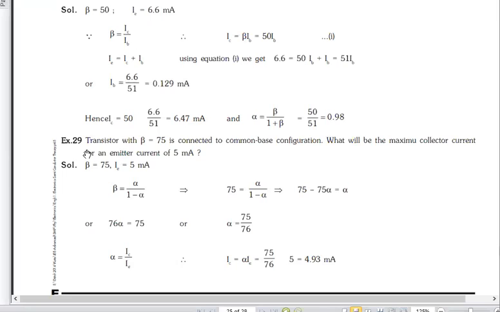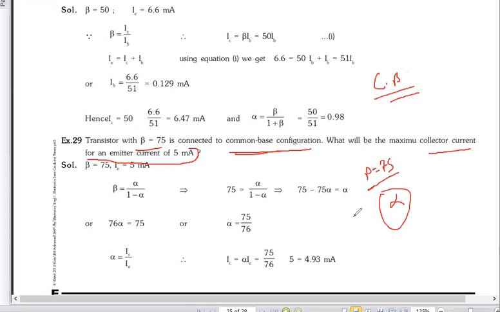Now, let's see question number 29. It is quite straightforward. Beta is given, common base configuration. Here it is changed, common base configuration, right? What will be the maximum collector current for an emitter current of 5 milliampere? Beta is 75, given. So can we find alpha? Tell me, can we find alpha?